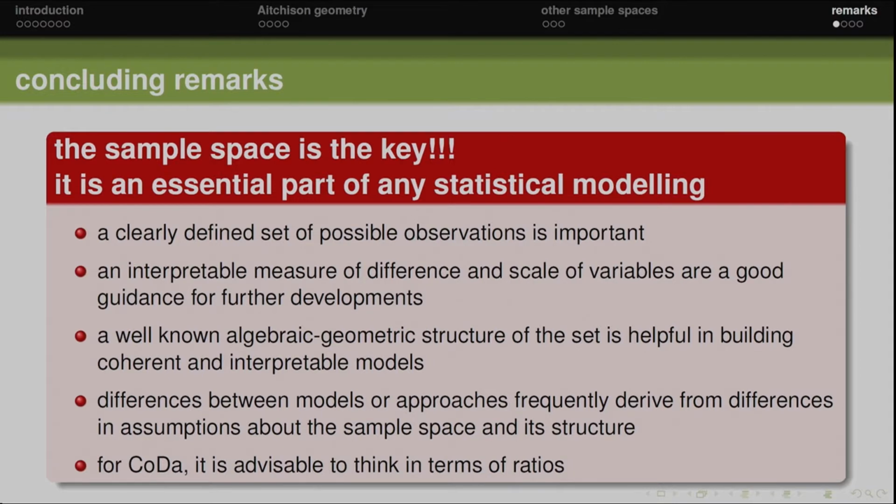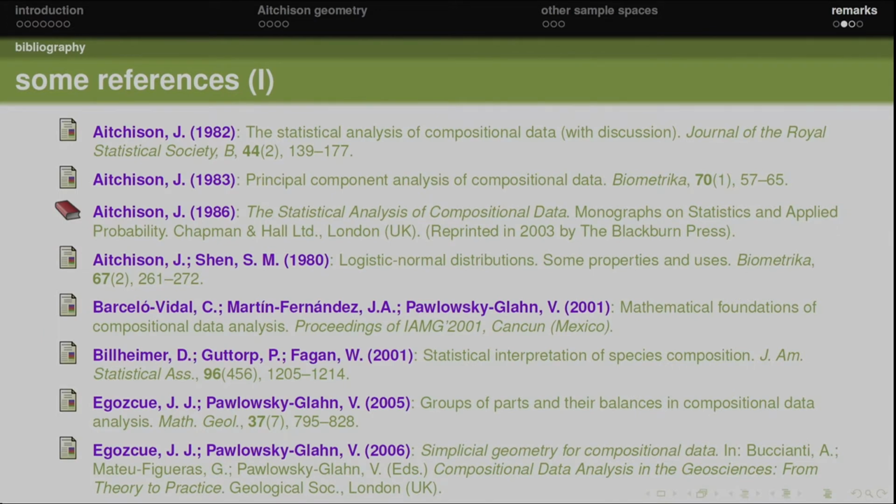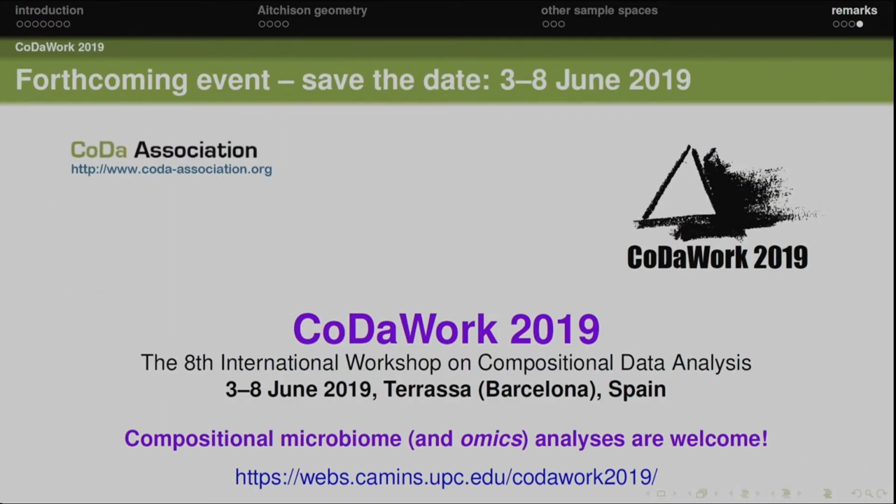And the last comment is, for compositional data, it is advisable to think in terms of ratios, which is not always easy, but it is something that can be helpful in itself. So, here are some references, and this is an invitation to CoDa Work 2019. Thank you very much.